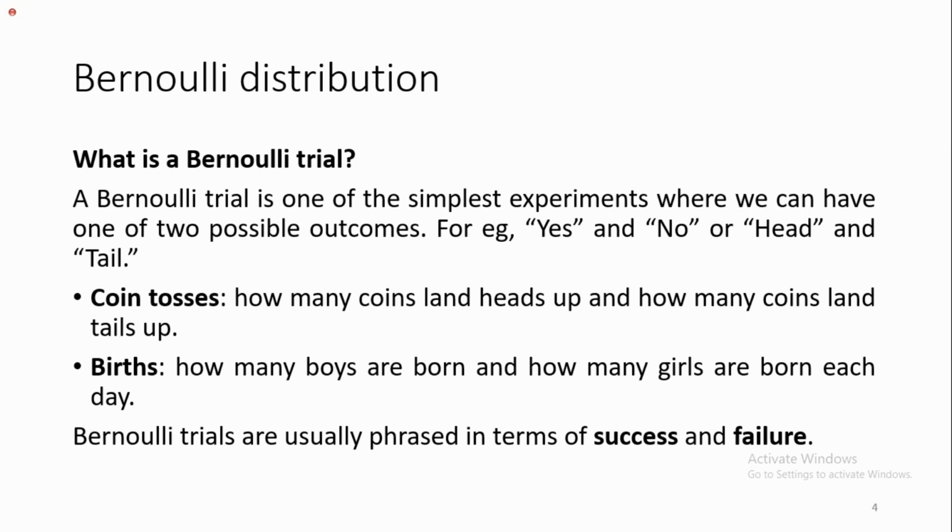If you toss a coin, there are two possible outcomes, getting a head or a tail. If you take getting a head as a success, then getting a tail would be the failure for that experiment. Therefore, Bernoulli trials are usually phrased in terms of success and failure.